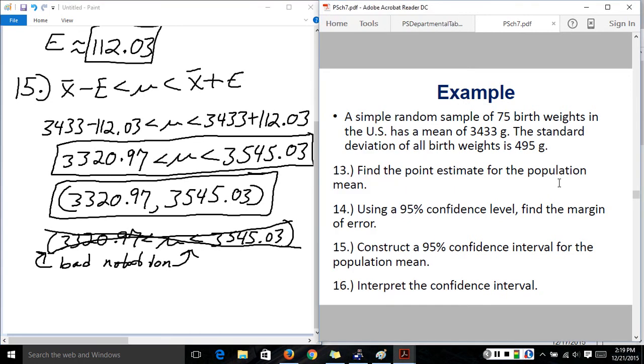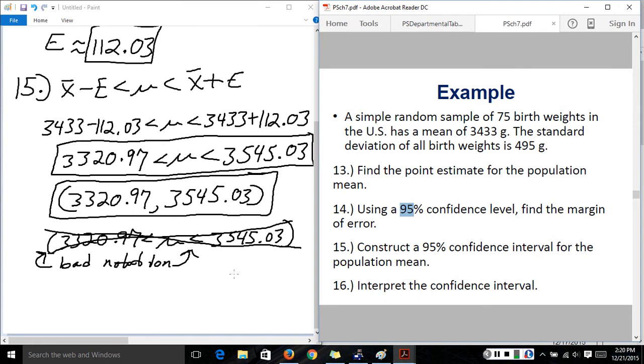Number 16 says to interpret the confidence interval. We would do so by saying that we are 95% confident that the mean U.S. birth weight is between 3,320.97 grams and 3,545.03 grams. That's using the template that was used earlier when interpreting confidence intervals.